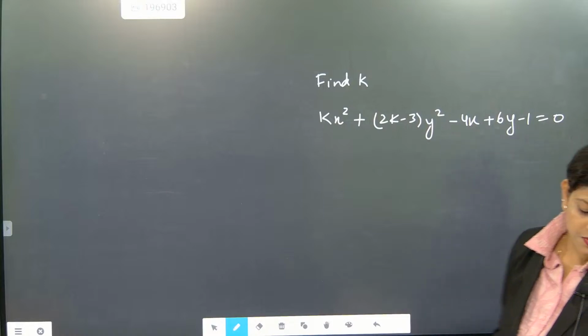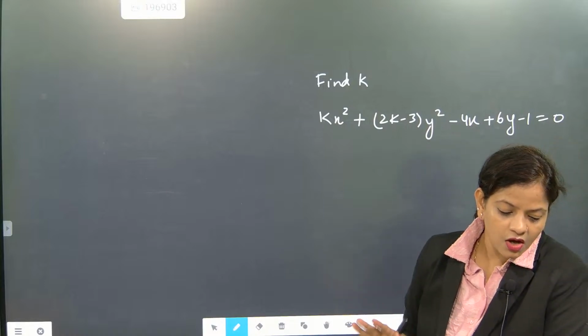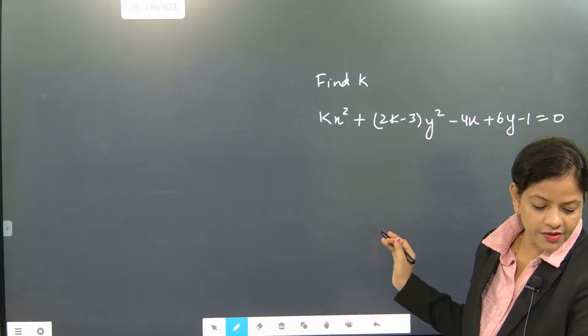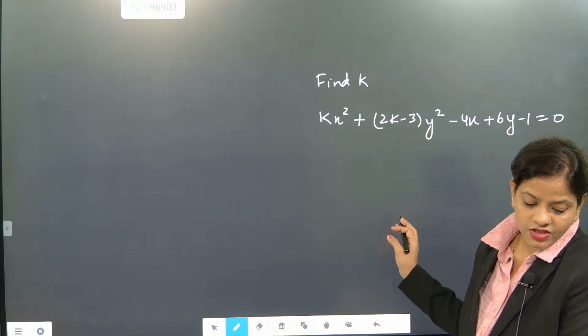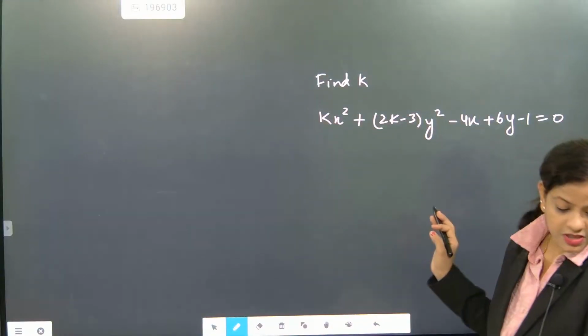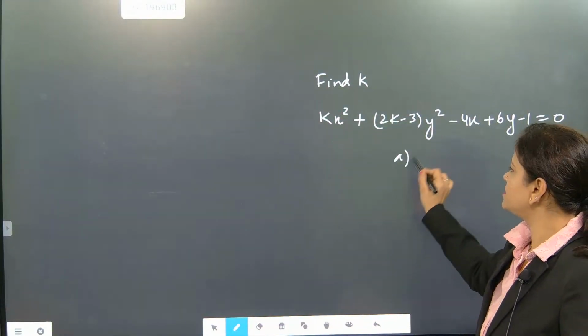So what could be the specific value of k for which the equation kx square plus (2k minus 3)y square minus 4x plus 6y minus 1 represents a circle, with the options given?